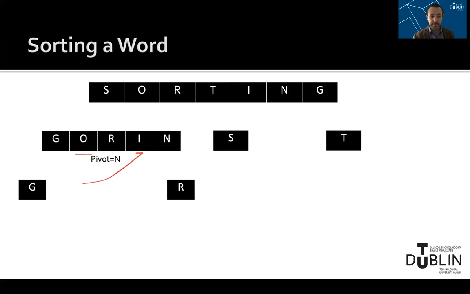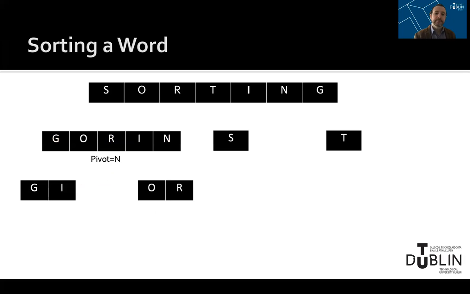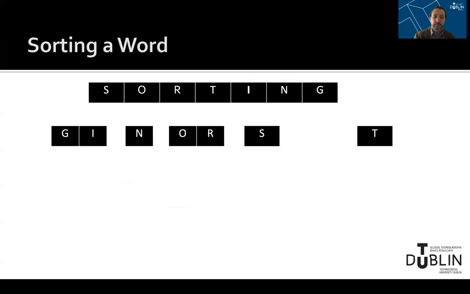Yes, so I should be put here and O should be put here. And then we're done. And N goes in between. So now all of this is less than N, all of this is greater than N, and all of these are greater than N as well. So now we have G, I, N, O, R, S, T.